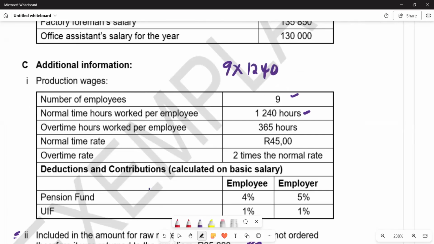And then overtime hours, we are not concerned about overtime hours at the moment because we want the normal time, and we got the normal rate now, 45 rands pay, obviously per hour. Then you multiply by 45. Then we can calculate it as such, and when you calculate it, you're going to get 502,200. So we go to the other section and go and enter that calculation.